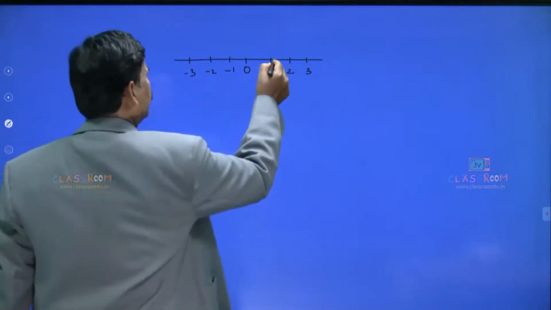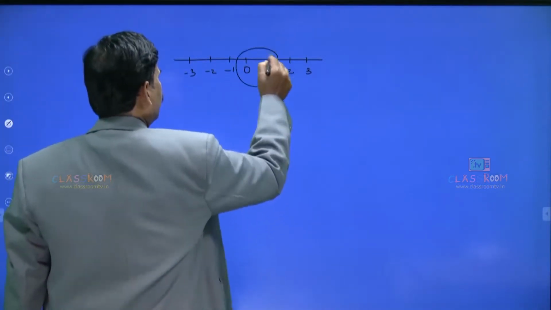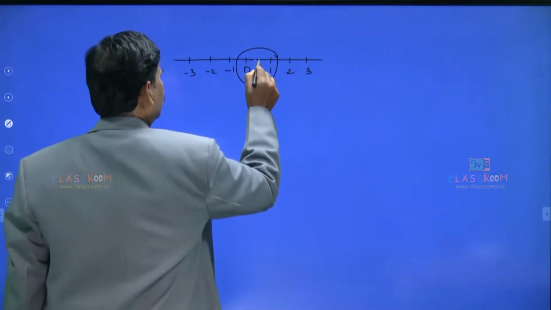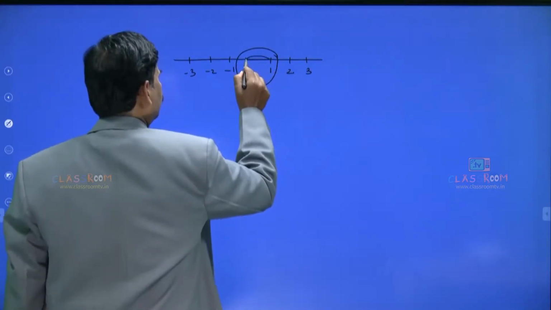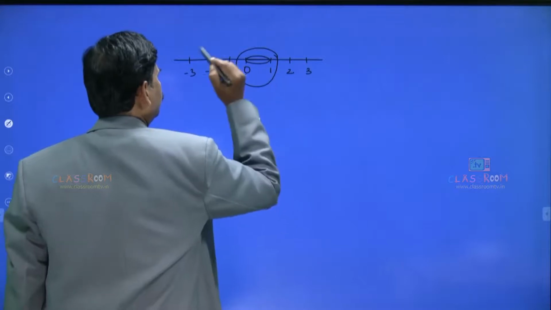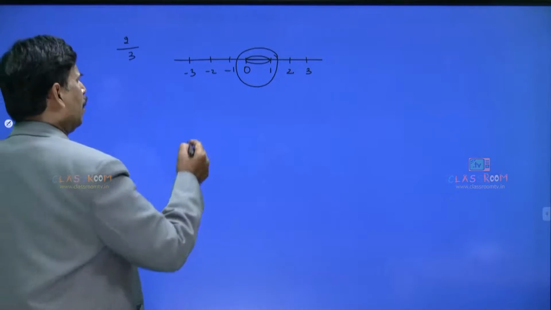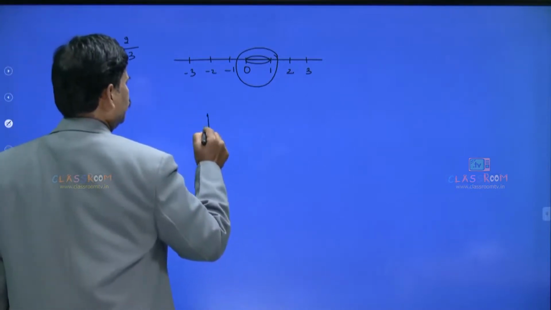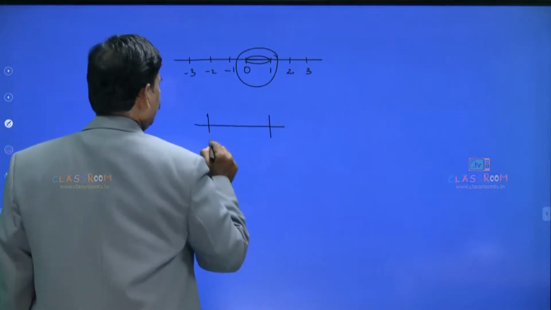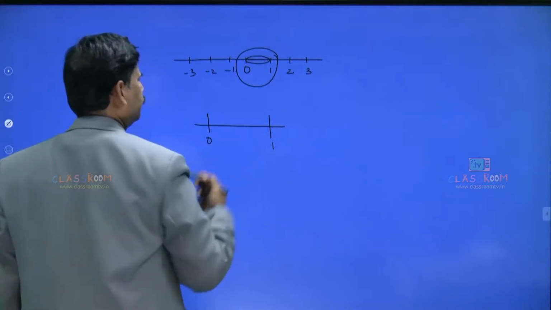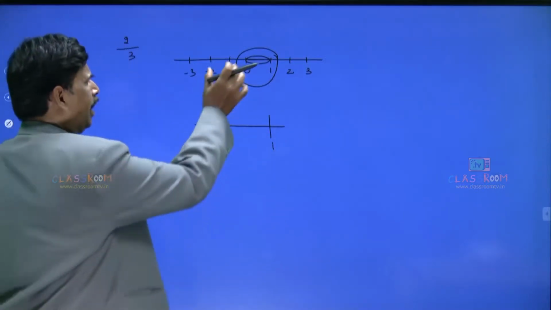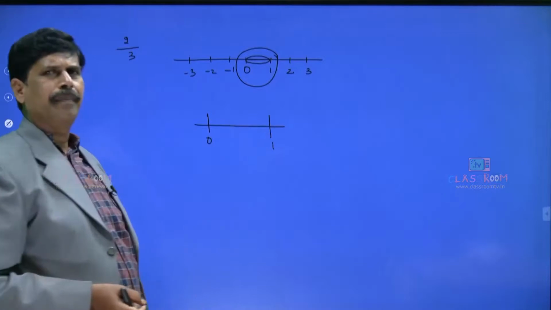That means the value lies in this portion. So I am taking that 0 and 1. This is 0, children, this is 1. I am taking only that particular area, I am separating it here, 0 and 1.